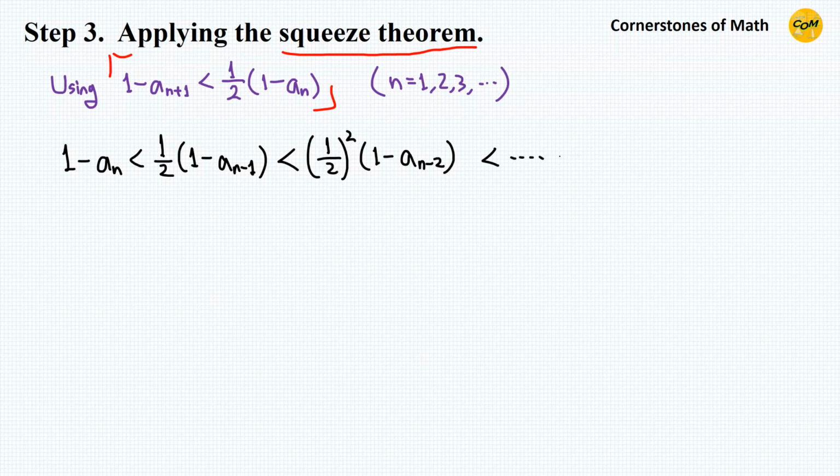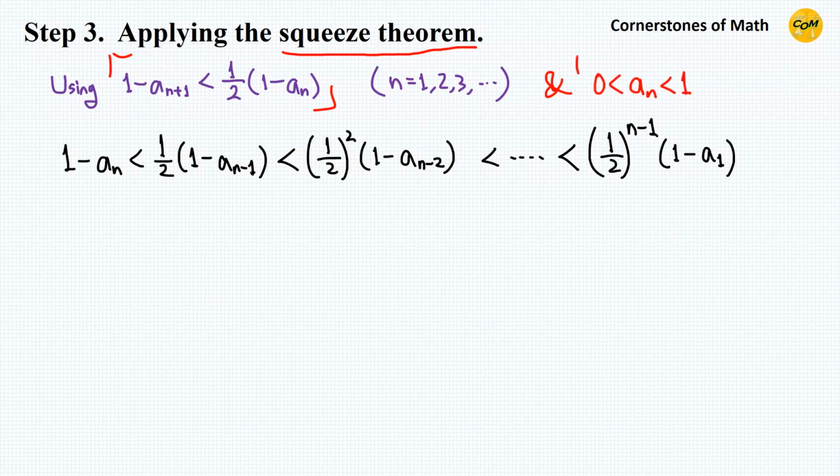And we can go on and on until we have less than 1/2 to the power of n minus 1 times 1 minus the first term a_1. Here, combined with a_n being greater than 0 and less than 1, we have 1 minus a_n is greater than 0 and less than this rightmost expression.